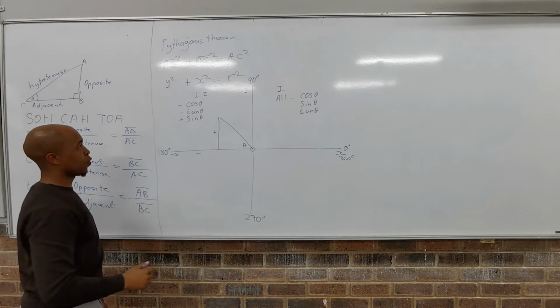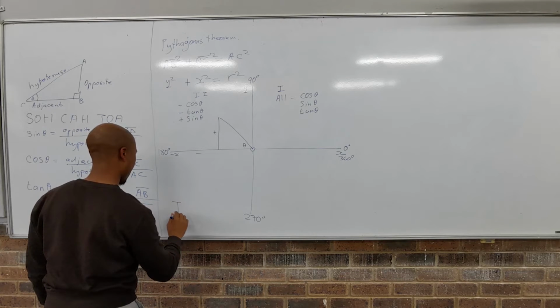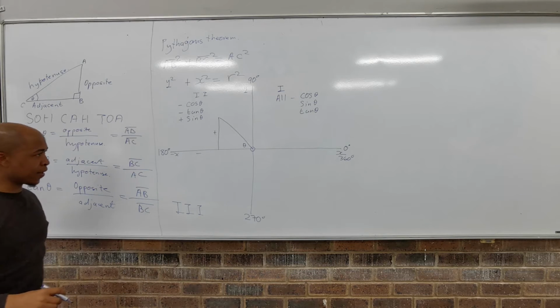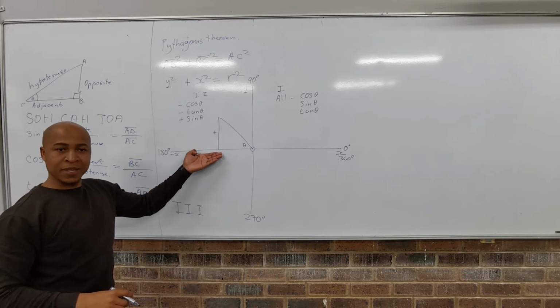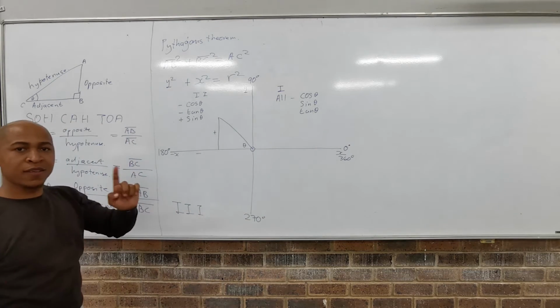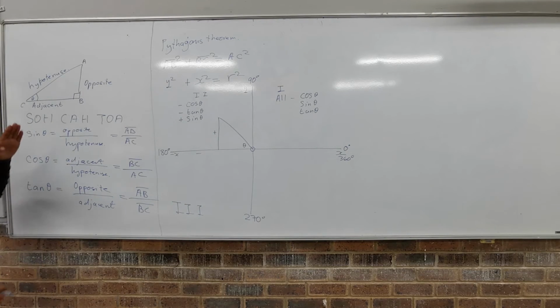Let us move to the third quadrant. So here we have the third quadrant. So on the third quadrant, we have the adjacent side being negative, the opposite side being negative. The only thing that is positive in this side, it is what? It is the hypotenuse, which is the longest side.